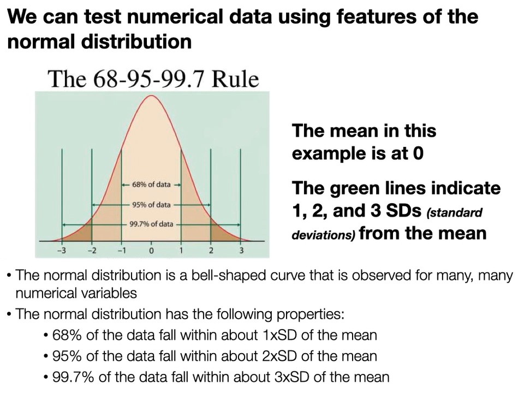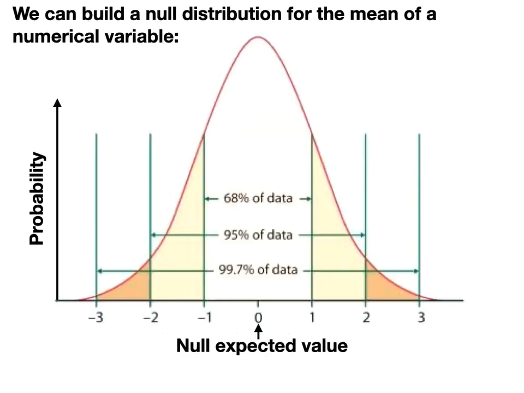So that's just a mathematical feature of this distribution that's so commonly found in nature. And we can use that to build up a null expectation for an analysis of a numerical variable.